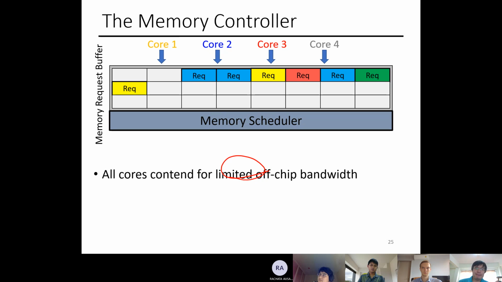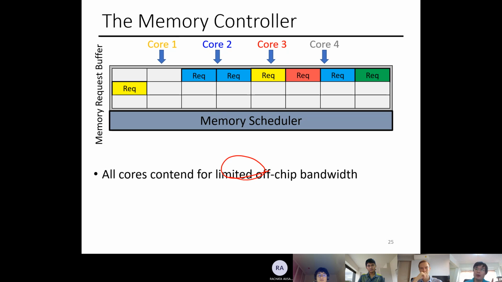And as you can see here, every single core 1, 2, 3, 4, and now that you have 8 cores with newer processors, 5, 6, 7, 8, they all want to use DRAM. They contend for this limited off-chip bandwidth, right? So there are multiple things that can degrade system performance.